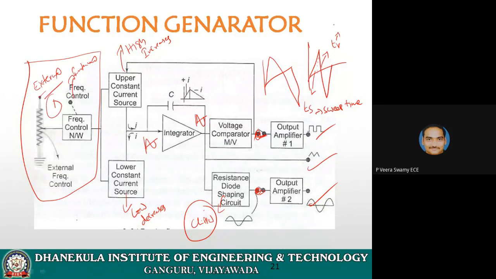Tr is the restoration time. If Ts equals Tr, then that signal is a triangular wave. If Ts is not equal to Tr, that is not a triangular wave. It's a simple normal pulse, or a generalized signal which is not defined.